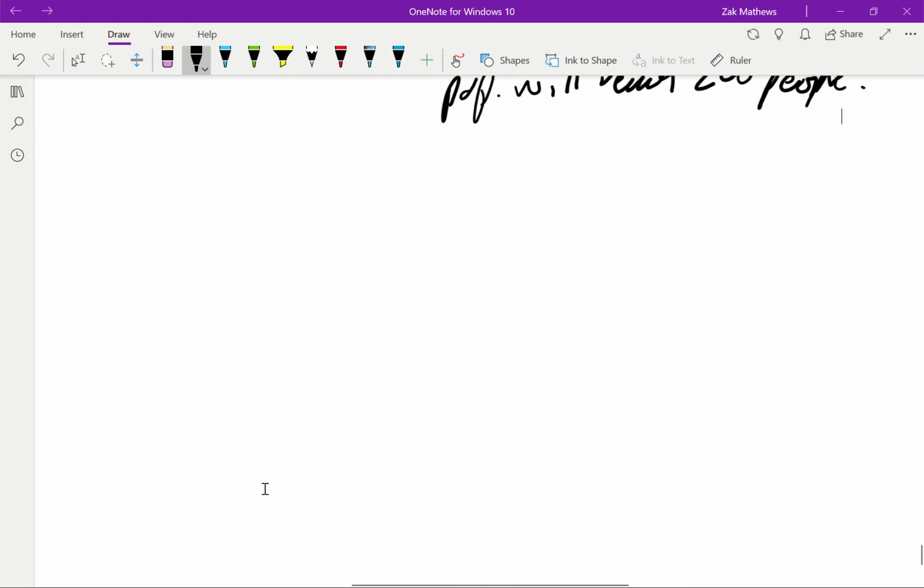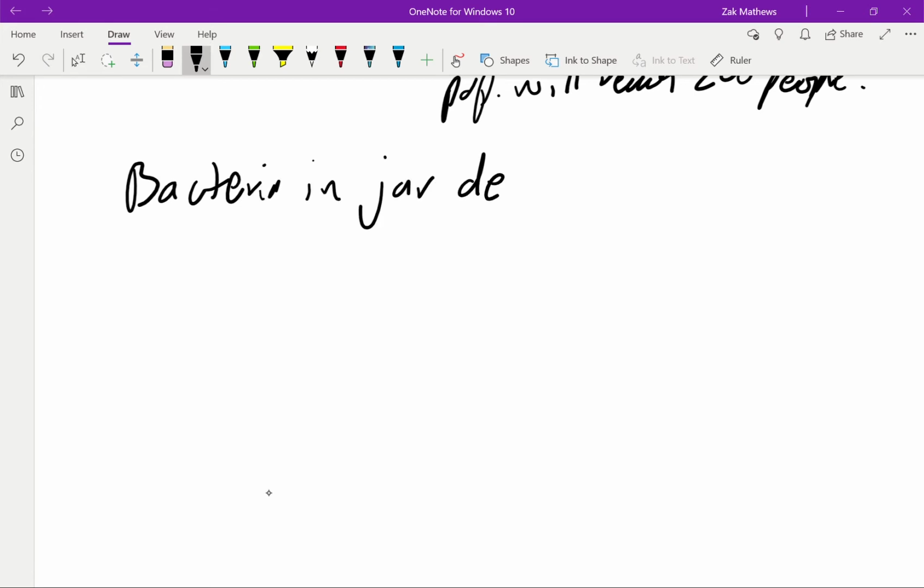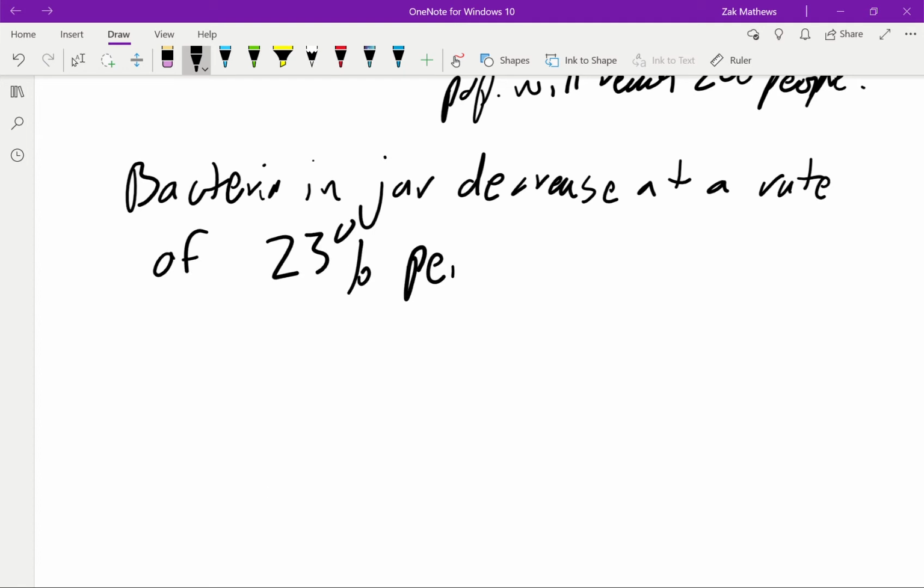Let's move on to another example. Let's say we have bacteria in a jar decreasing at a rate of 23% per day.